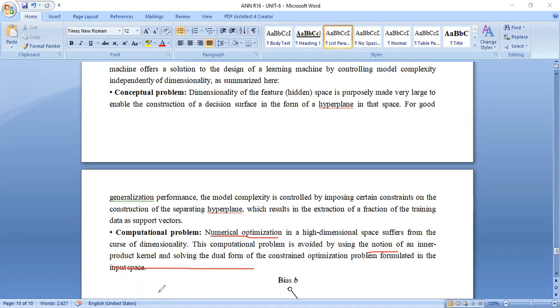If you want to overcome the computational problem, that is to get numerical optimization, you can use the notion of inner product kernel. Okay, so this is the example of the SVM concept. Thank you.